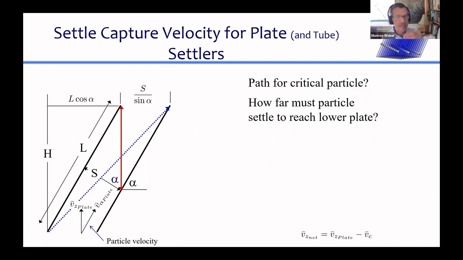So it traveled the red line vertical distance. But it ended up at the top of the plate. So what happened is the water traveled from this bottom entry point all the way to the top of the red arrow. While that was happening, the particle traveled a distance of the red arrow down, and that got it to follow the blue path. Okay, so the blue path is the combination of what the water did and then what the particle did relative to the water.